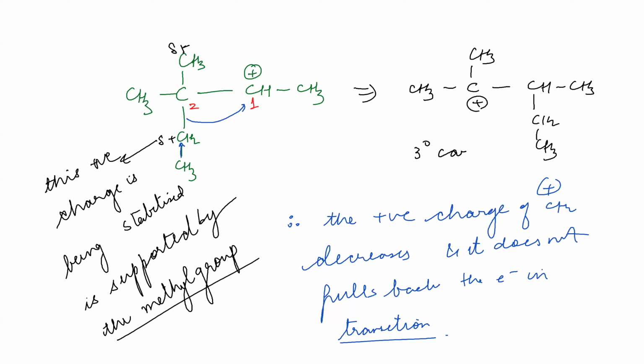And obviously that's the driving force. That's a 3-degree carbocation. Got it? So if I talk about this migratory aptitude, I hope you're understanding H has a faster migratory aptitude than methyl, and then better than methyl is ethyl.